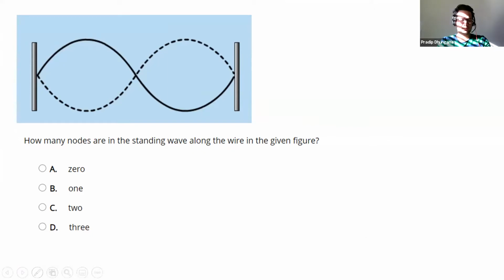The correct choice is 3. Nodes are the points where the displacement is 0.